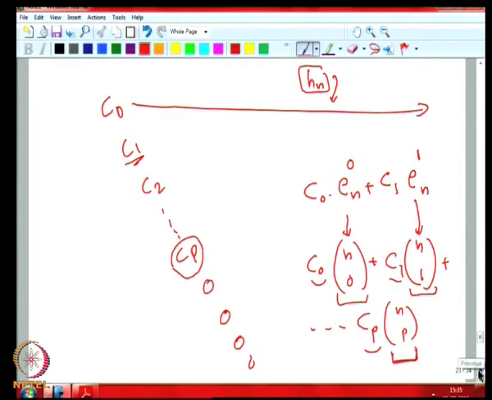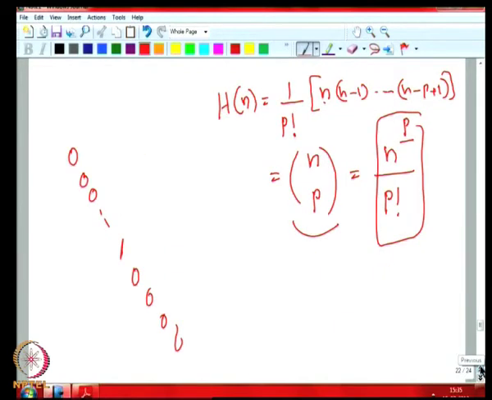So the only one thing we have forgotten to discuss is that we have figured out a polynomial which corresponds to this kind of 0th diagonal. It is easy to verify that this polynomial n choose p actually corresponds to this 0th table.